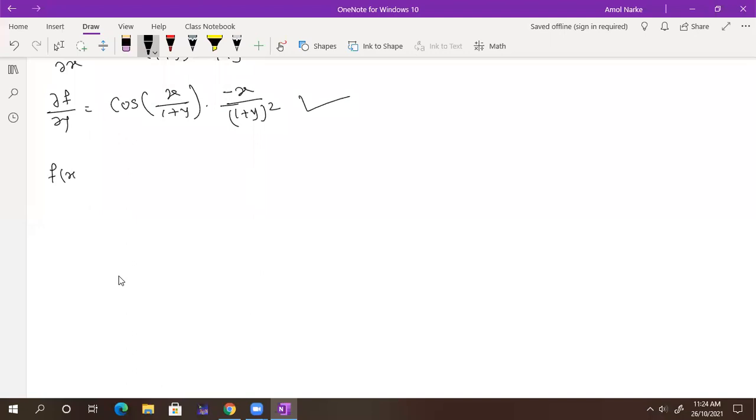Example number 4. f of x comma y comma z is equal to x square y cube z raised to 4 plus x square y square plus x cube z cube plus y raised to 4 into z raised to 4.